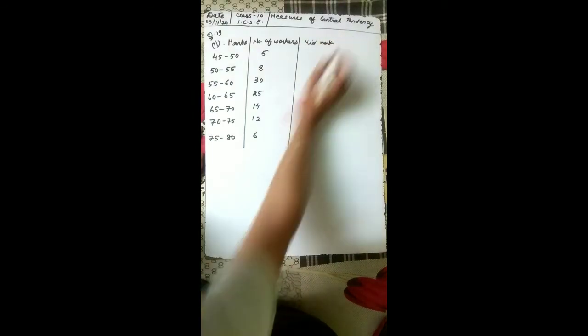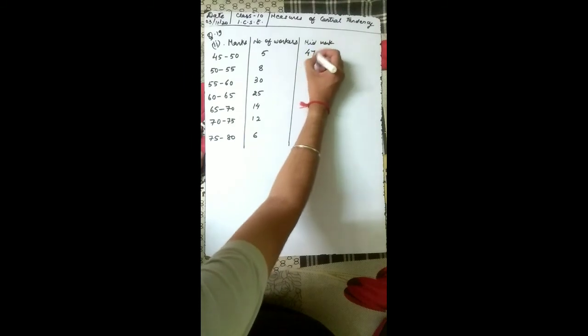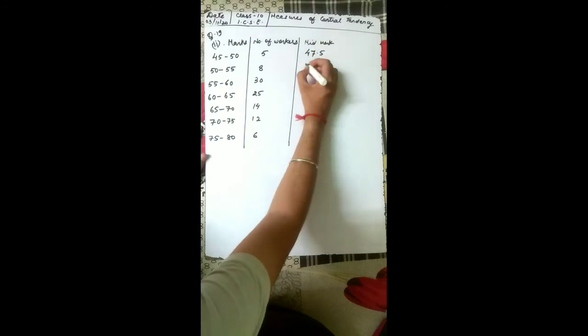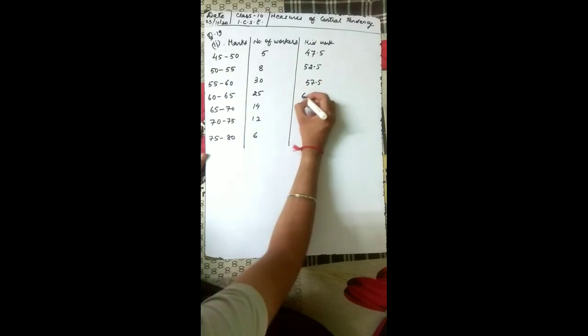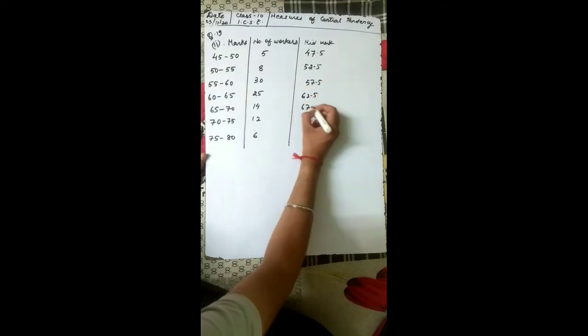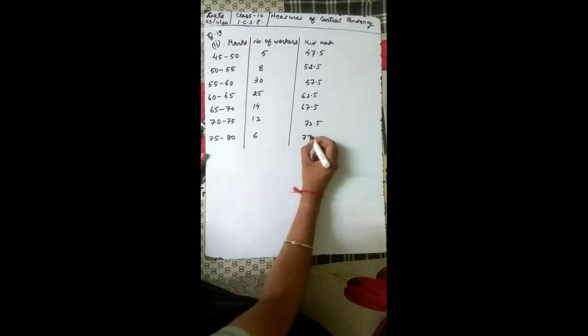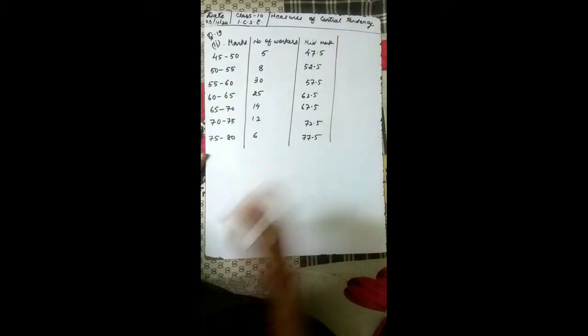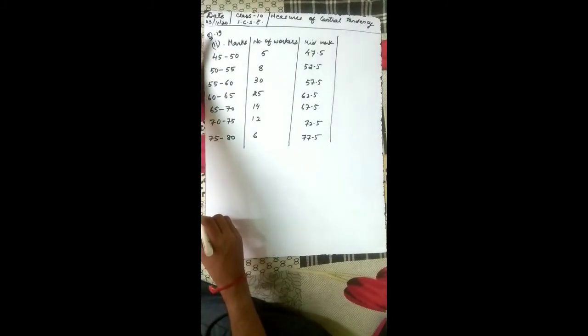Mid mark of 45 and 50 will be 47.5, then 52.5, 57.5, 62.5, 67.5, 72.5 and 77.5. These are the mid marks. How do we calculate? 45 plus 50 divided by 2.